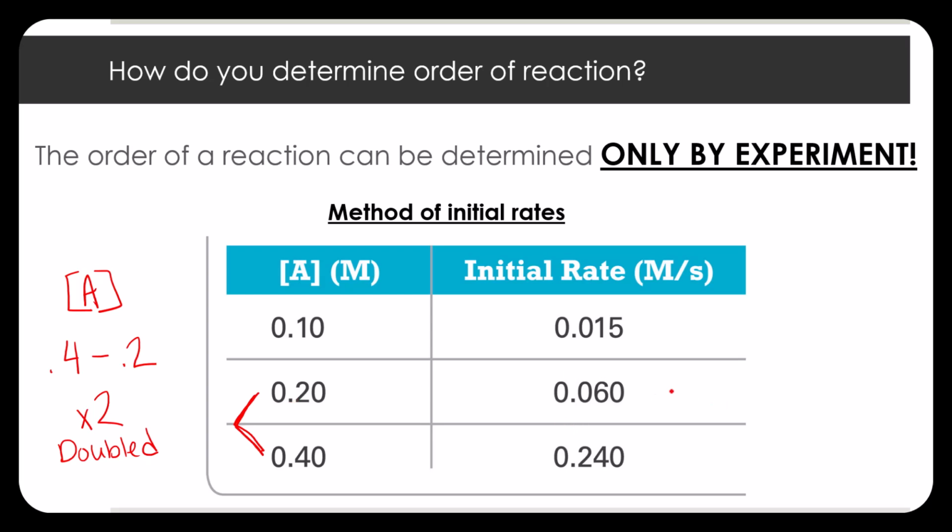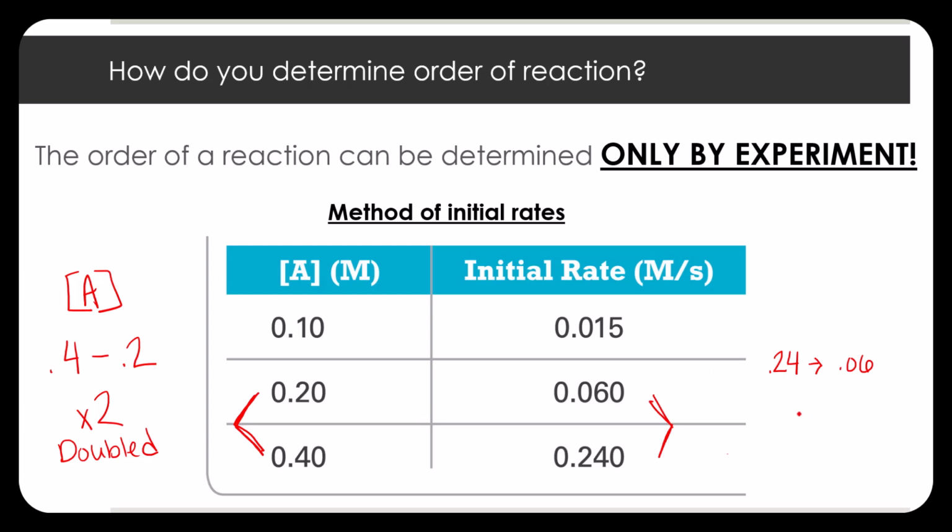All right, what happened to the rate here? Okay. So the rate for trial 3 was 0.24. The rate for trial 2 was 0.06. What is the difference between those two?